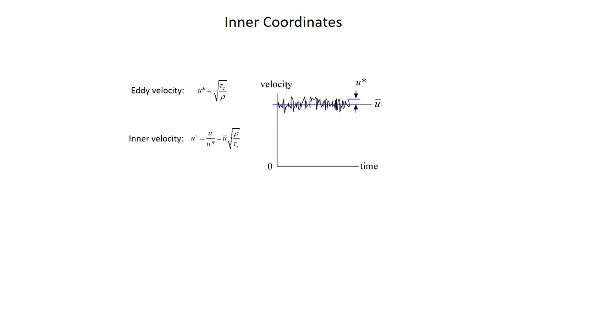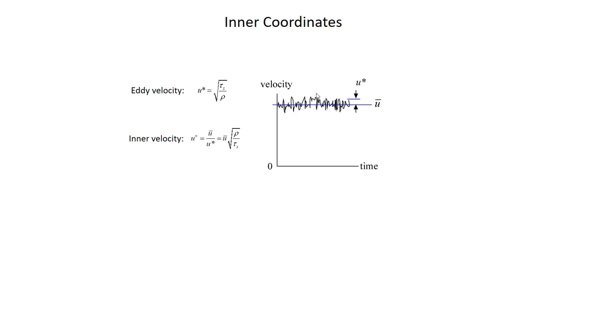If we move forward one slide here, we're going to call that, or actually people do call that, the eddy velocity. So when they say the eddy velocity, they're really talking about this u star term. They're talking about basically our best estimate as to how much this velocity is fluctuating. So this black line is the actual velocity. We talked about how we have an average velocity.